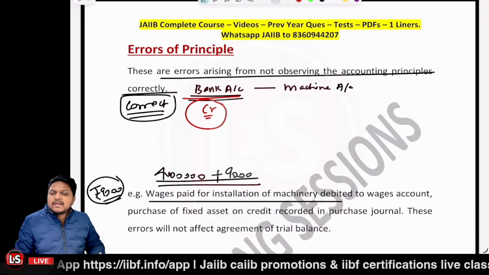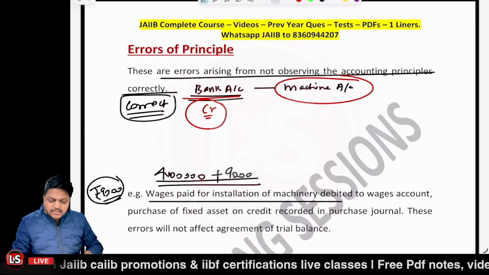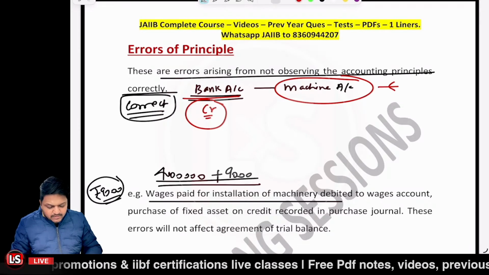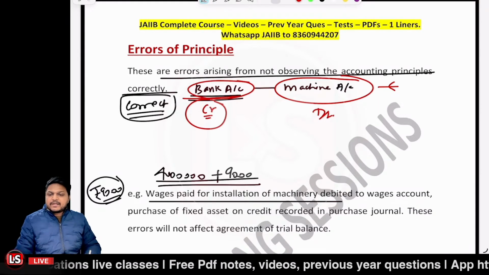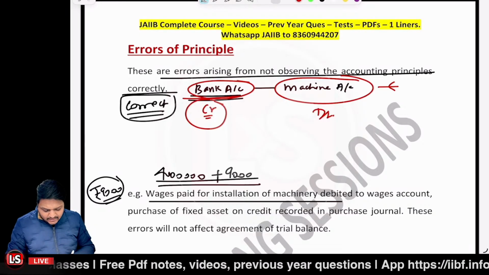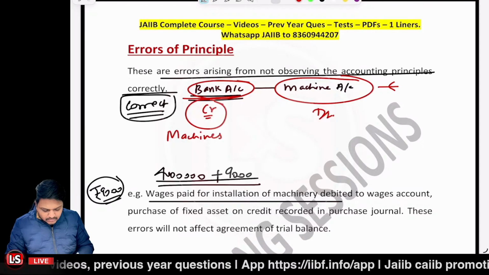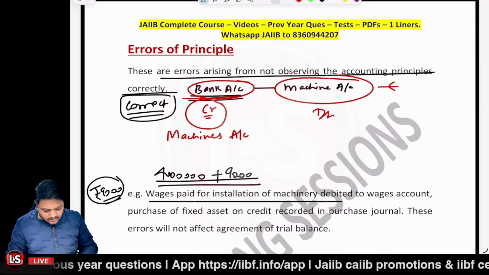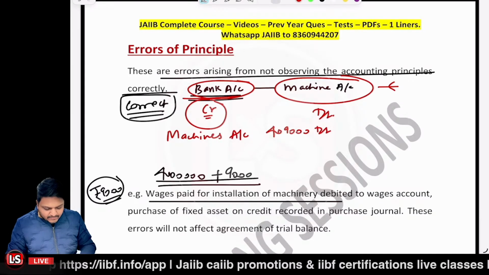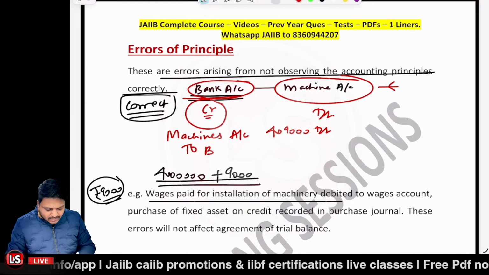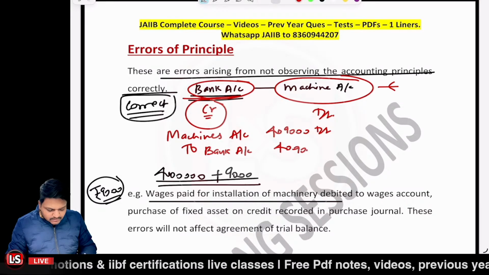The golden rule says debit what comes in. Machine is coming in. Machine is also an asset, also a real account. Both the accounts are real accounts. So machine is coming in, so it will be debited, and bank balance is going out, so it will be credited. So that will be the correct journal entry: machines account debited by 4,09,000, to bank account 4,09,000 rupees.